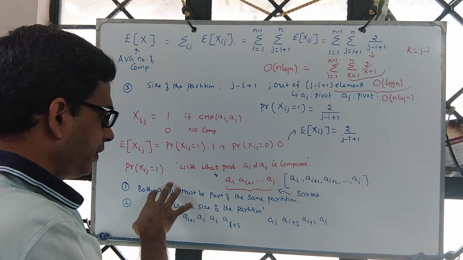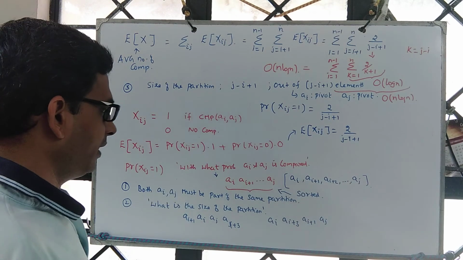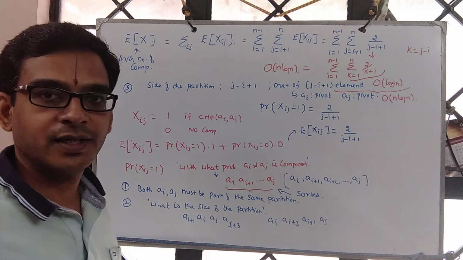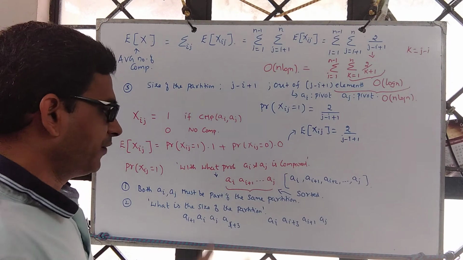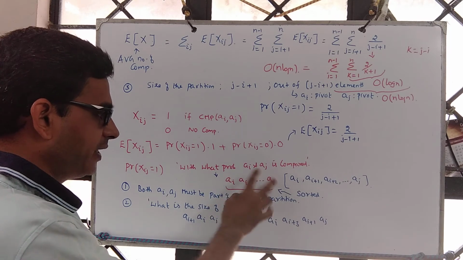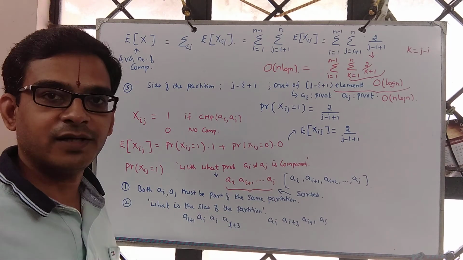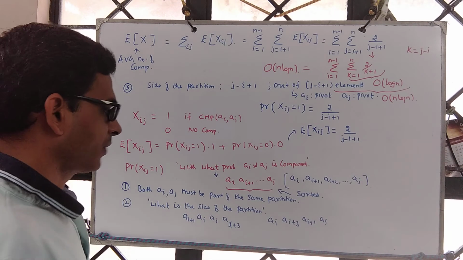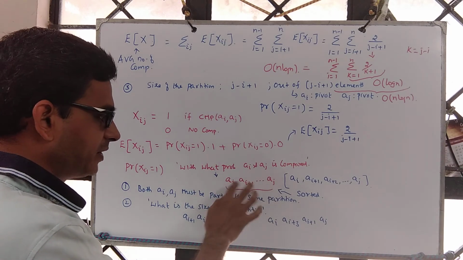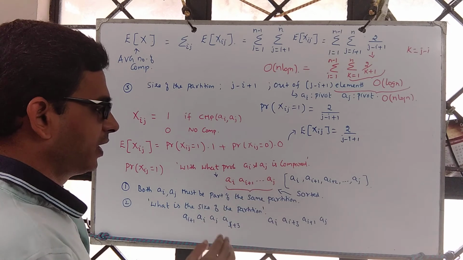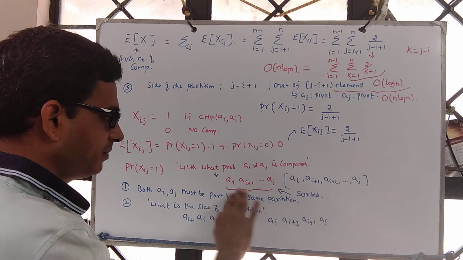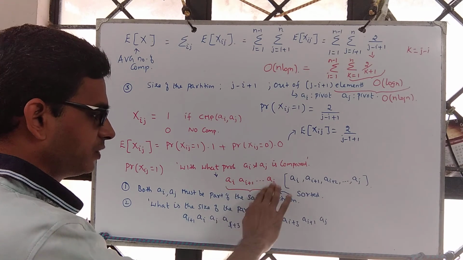To estimate the probability, we looked at with what probability ai and aj are compared. When you look at the partition, if we say they are being compared, then they both have to be part of the same partition. And without loss of generality, in that partition there will be other elements apart from ai and aj, and I am arranging them such that ai plus 1 and so on.